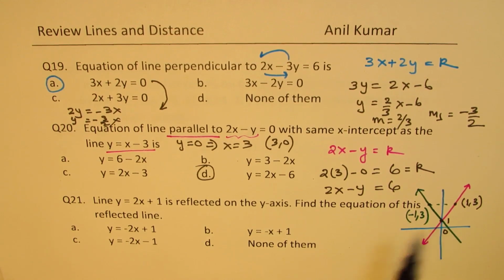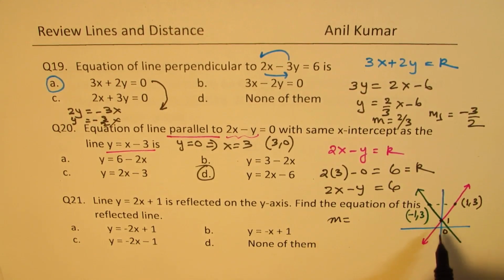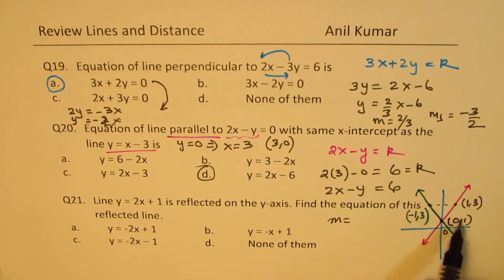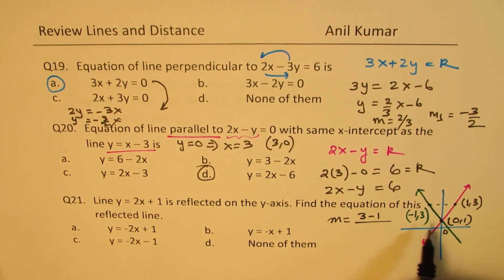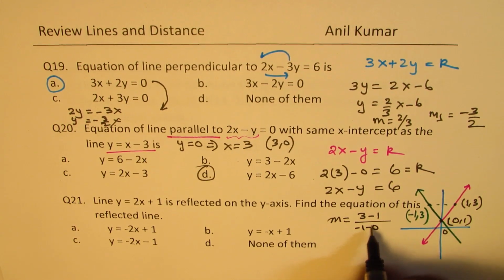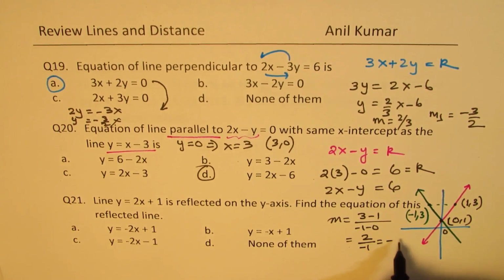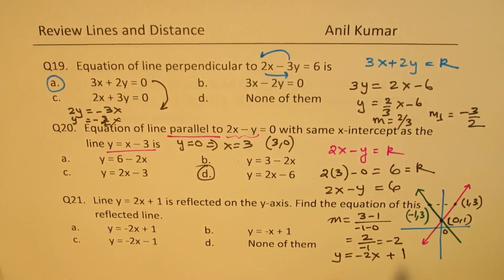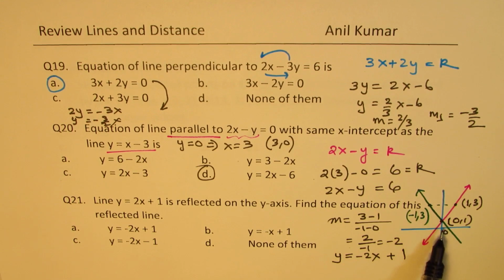Now we can actually find the equation if you are not very sure of these answers. The slope will be equal to, so the 2 points are 0, 1 and minus 1, 3. So 3 minus 1 over the x value change, minus 1 minus 0, which is minus 1. So the slope is 2 over minus 1, or minus 2.